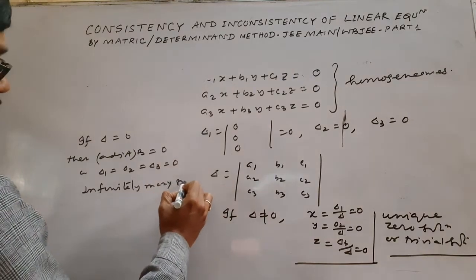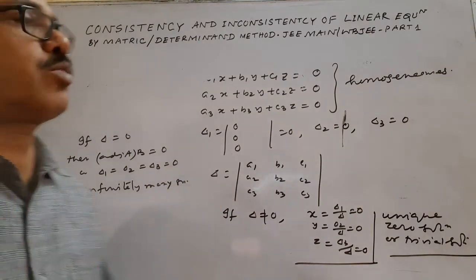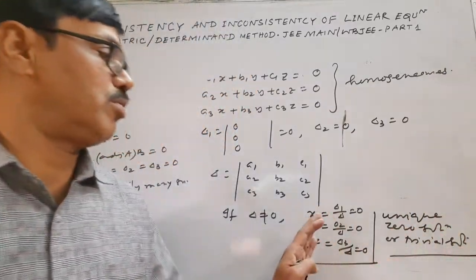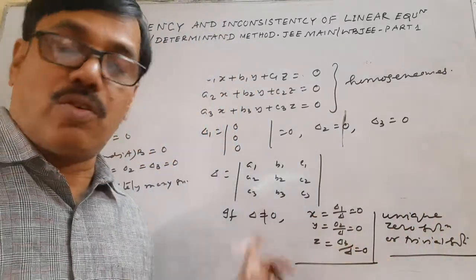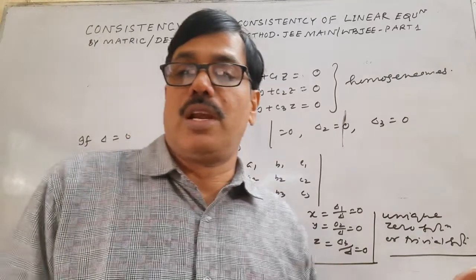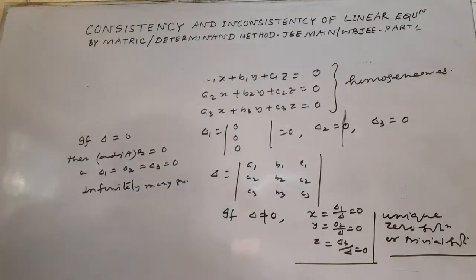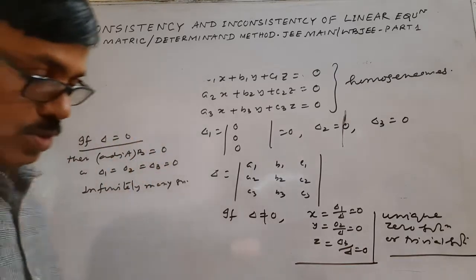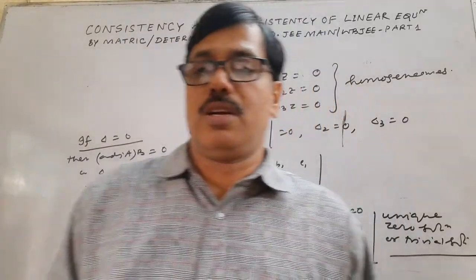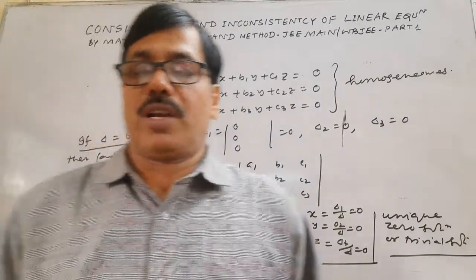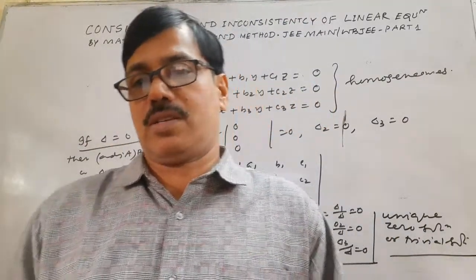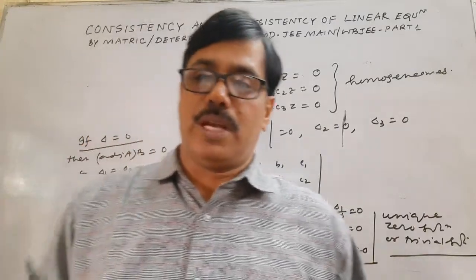So for a homogeneous equation, right hand side 0, unique solution when delta not equal to 0, infinitely many solutions when delta equals 0. So this is our working tool. You get at least 1 mark in JEE Main.